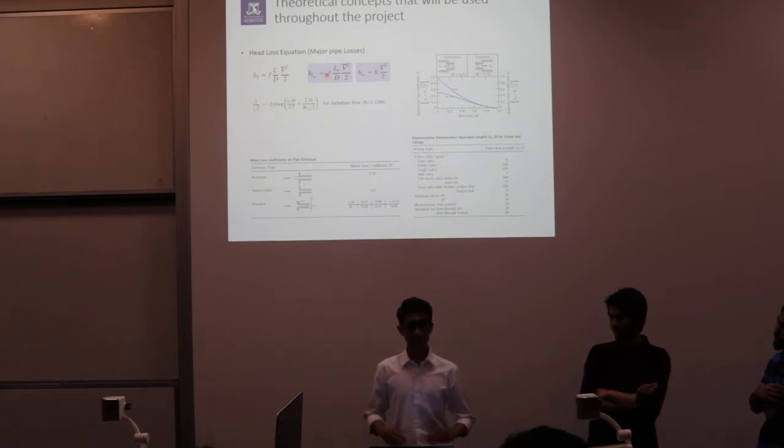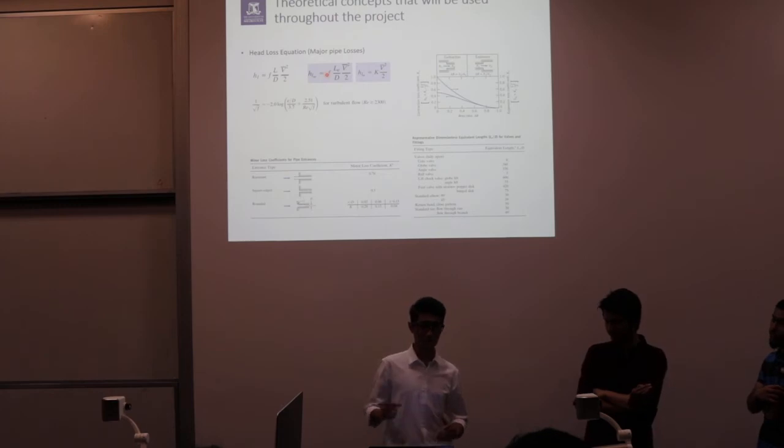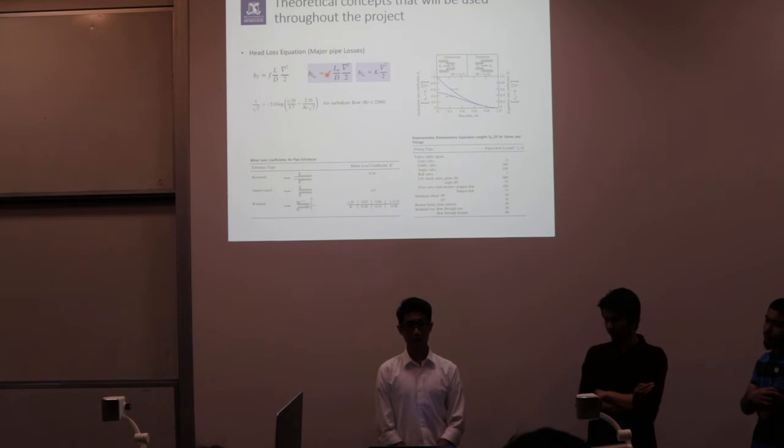Because of that, we just settled to estimate the percentage of losses when the flow runs through the device at 70%. Or sorry, 50%.